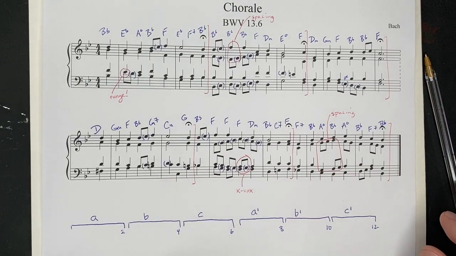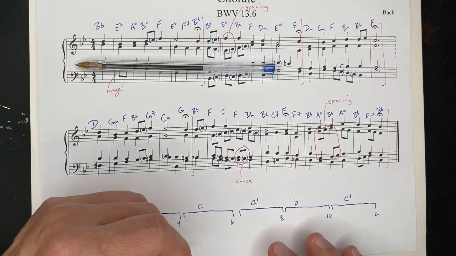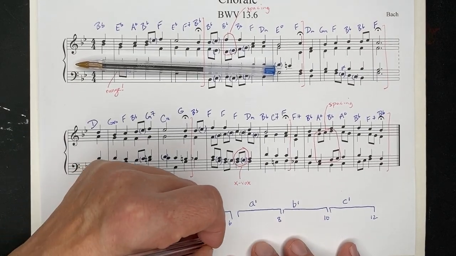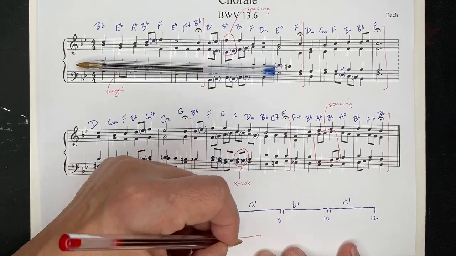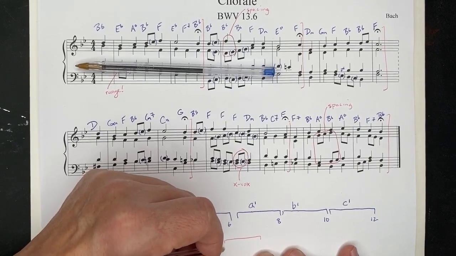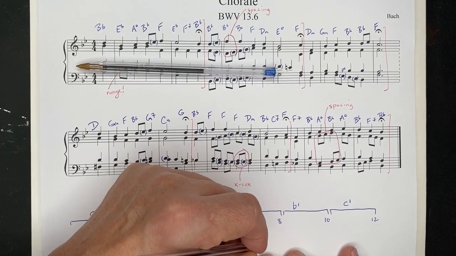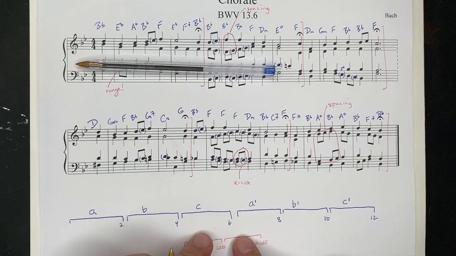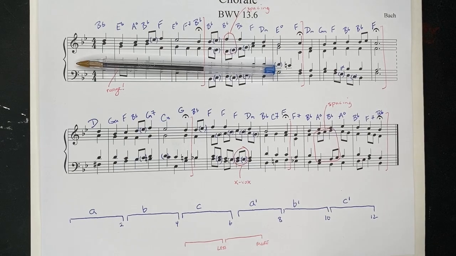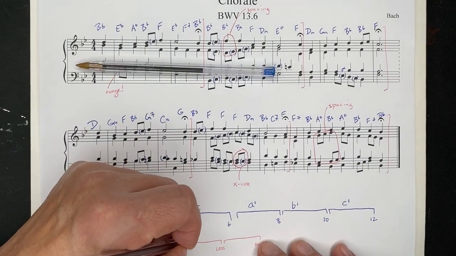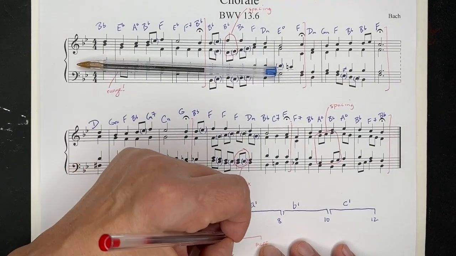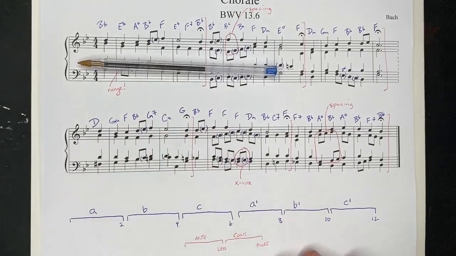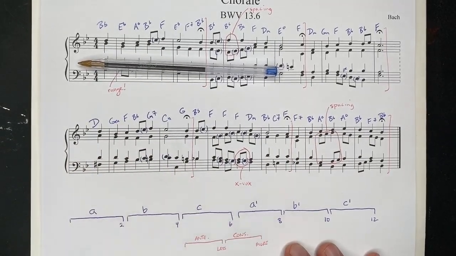And the most common ones of those are where you have a first section and a second section, and this is less conclusive cadence, and this is more conclusive cadence, and we call that period structure. And then depending on if they're the same, then they're parallel. If they're the same length, then they're symmetrical and those kind of things. And we call this the antecedent, and we call this the consequent. Okay? Sometimes they call this question and answer.